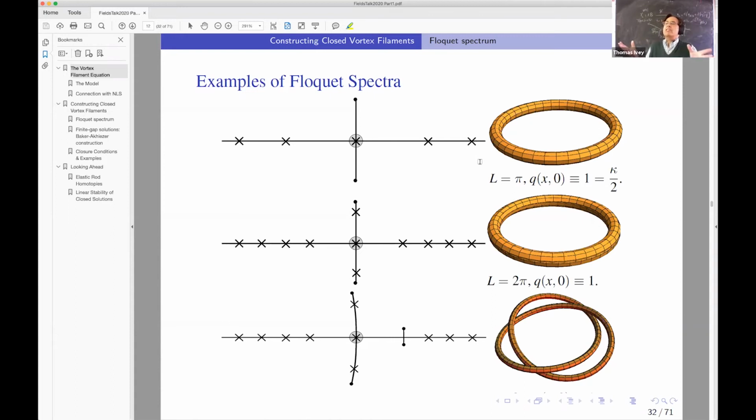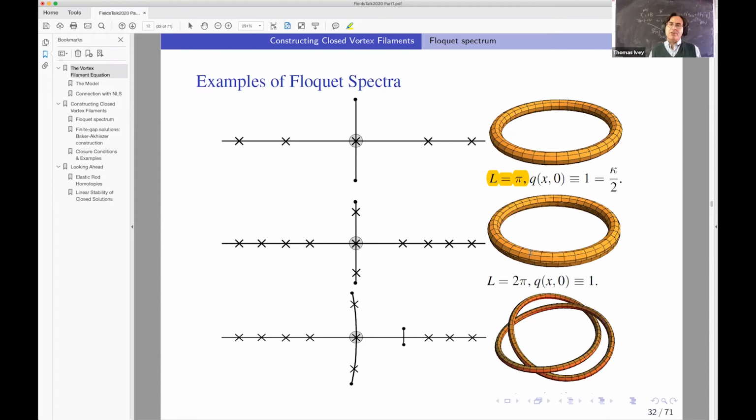And q is constant in x, so let's just say L is pi to go with the circumference of the corresponding curve. The Floquet spectrum just has 2 simple points and 1 critical point, which is also a periodic point. So these x's are double points where you have a second order zero of delta squared minus 4.